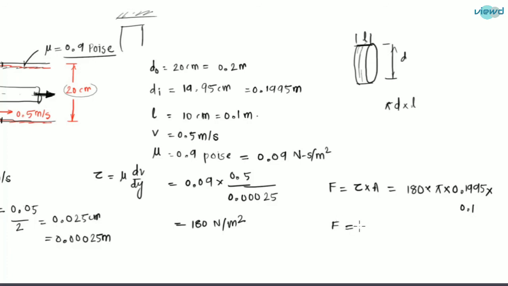If we calculate that, we get 1.128 Newton as answer. So the force that is applied on the piston is equal to 1.128 Newton. So these type of problems may appear in GATE exam and ESE exam. Solve more problems so that you will be perfect at any type of problem.